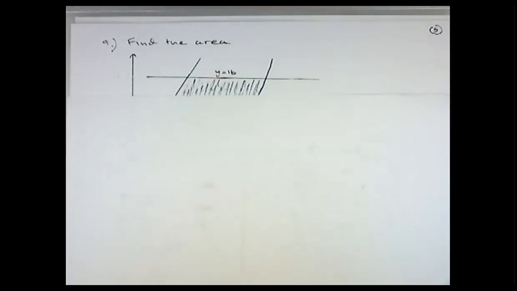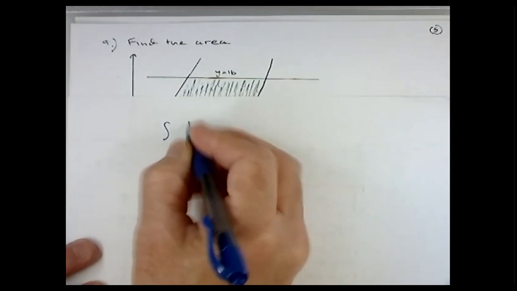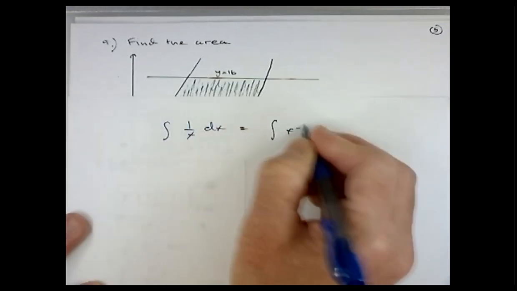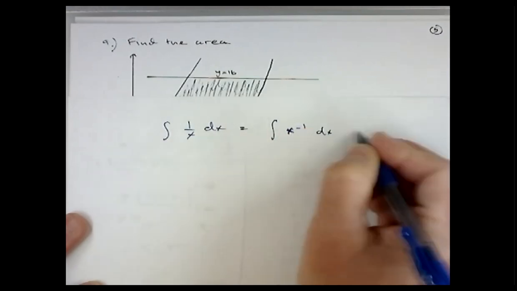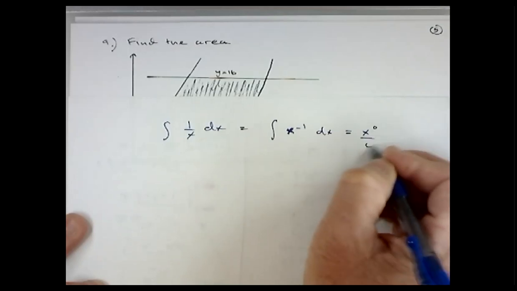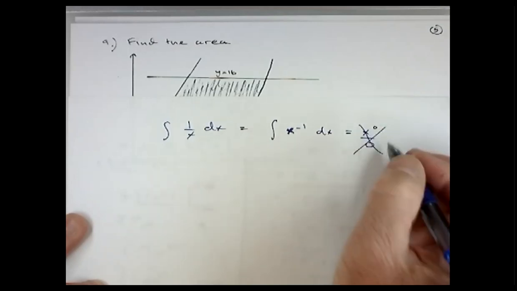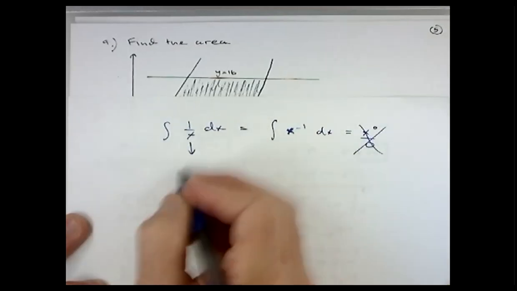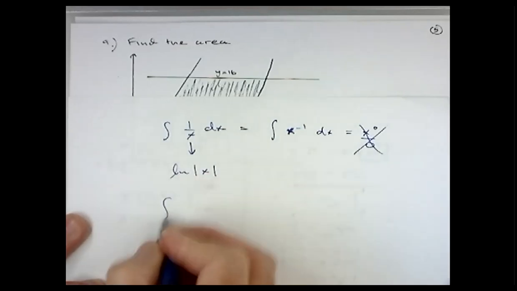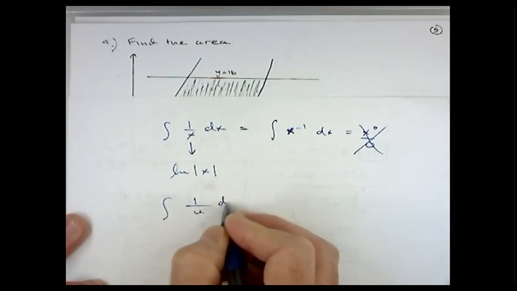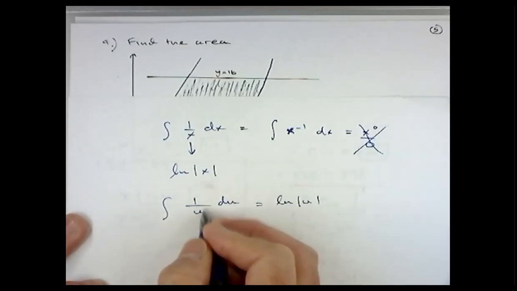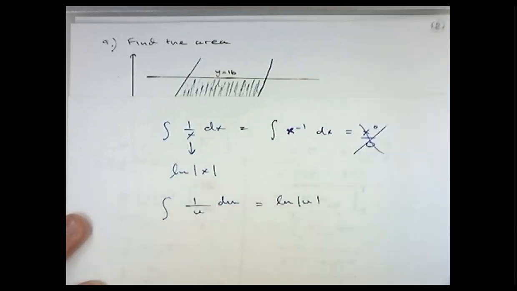So you're saying if I have 1 over x and I rewrite that as x to the -1, yeah, that's the one exception because that would turn into x to the 0 over 0, which is not defined. So anytime you see 1 over x, you just have to know that that's going to be ln of x. And if we do it in terms of u, that's going to be ln of u. So that's the one time you don't bring it up. Got you. All right, thank you.